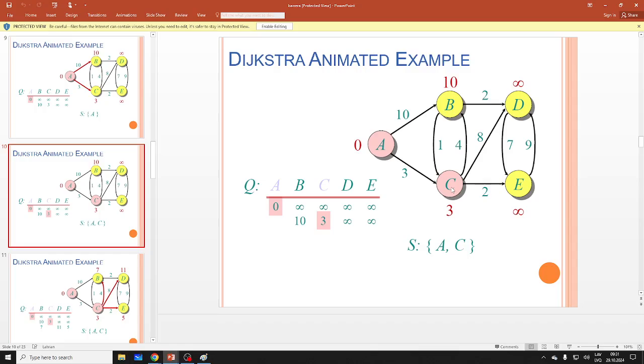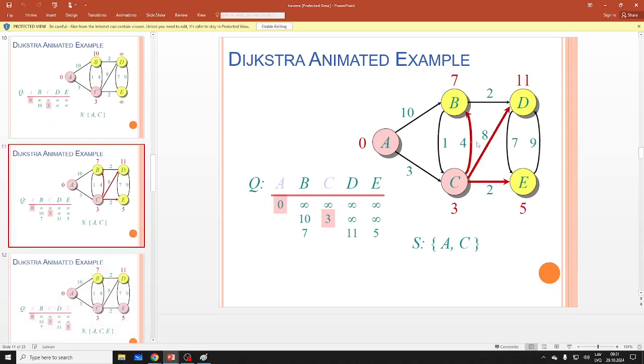And now we're going to update the neighbors. Again, we don't have a direct connection back to A, so we don't have to update it. But we actually have connections to B, D, E. So let's take a look. This is a crucial point. These 3 arrows. We had A, B was 10, but that was not guaranteed because this is not the closest one.